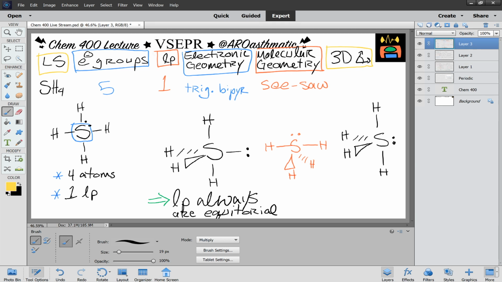Our bond angles here are still constricted. We have the axial equatorial bond angle that gets pinched a little bit down from the pure 90-degree angle because we have that lone pair. We have the equatorial bond angle, which is pinched in a little bit from its pure 120 degrees.